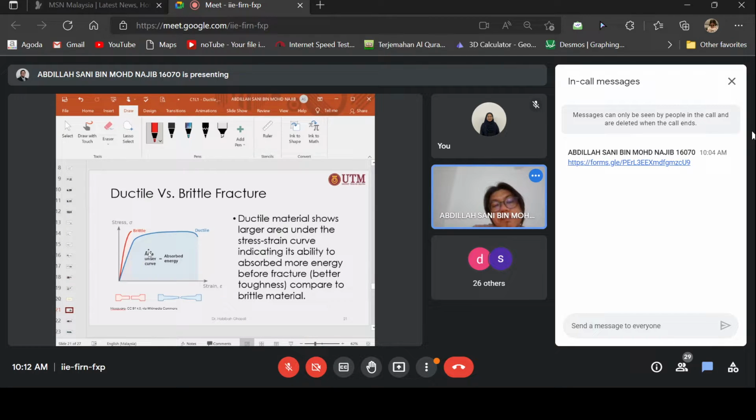Okay, initial length. So basically this is related to distance. Okay, this is related to distance, and this one is related to force.